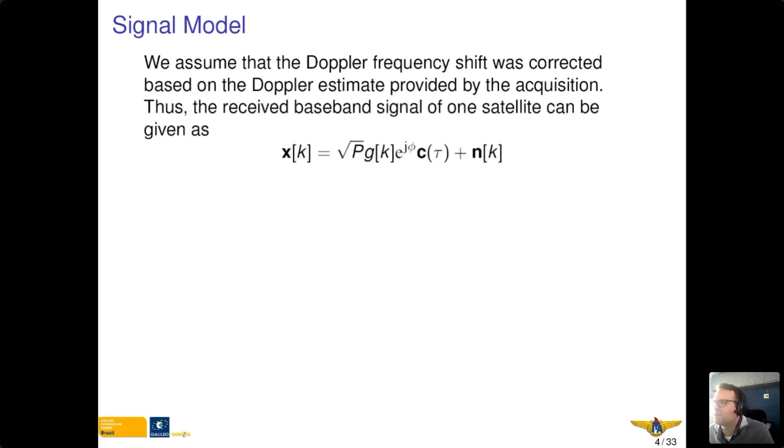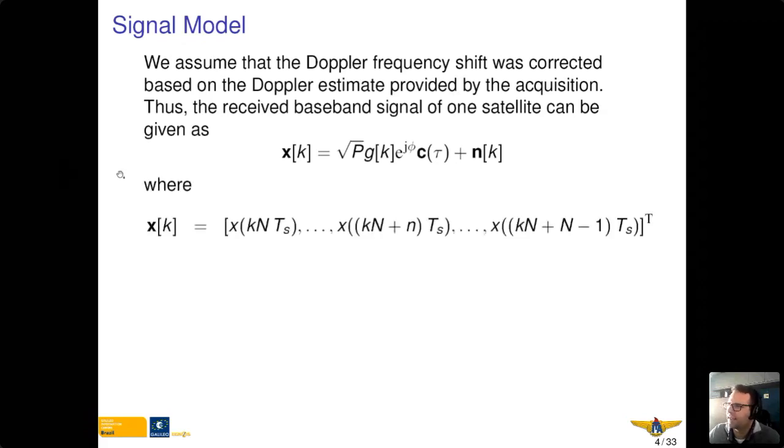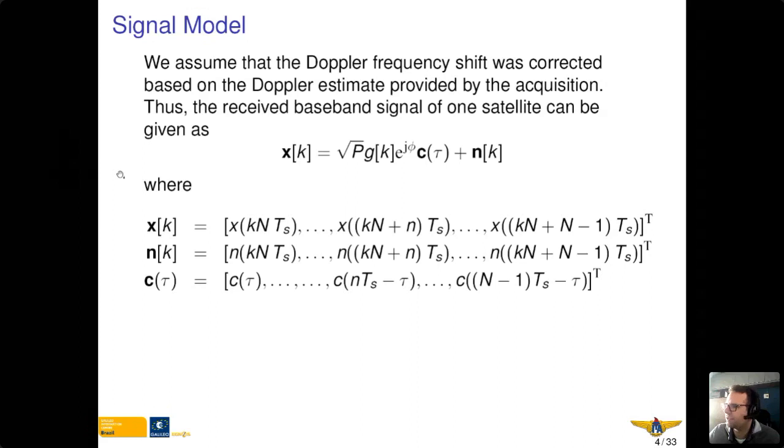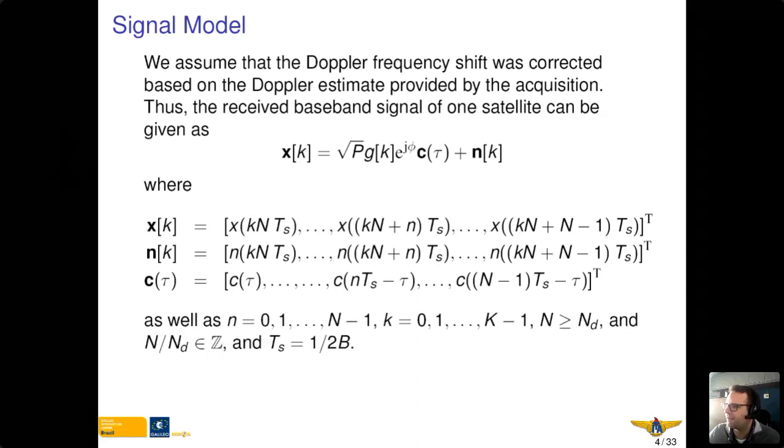And thus, the received baseband signal of one satellite can now be given without the Doppler, because we assume the Doppler has been corrected. We only have phase, delay, the power of the signal, the symbol of the received signal plus noise, in our vector notation that we already have introduced twice.